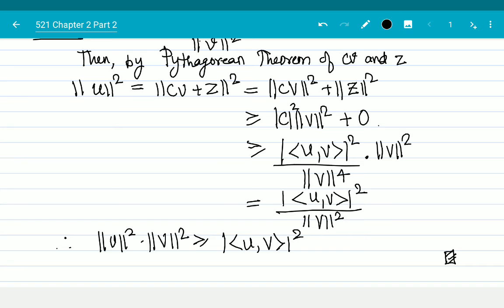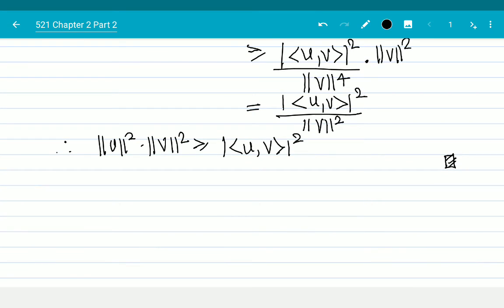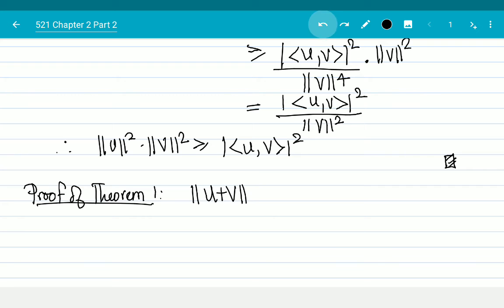And now we can finally prove theorem 1. Proof of theorem 1. Well, now that we have this, it's pretty easy. Just expand the norm of u plus v squared. Well, what is this?